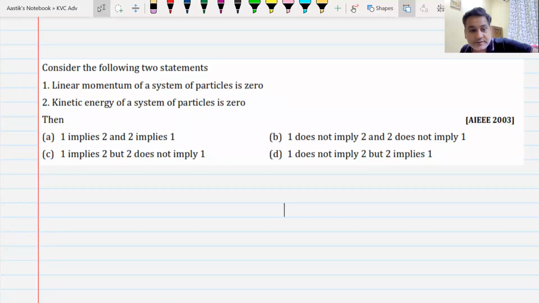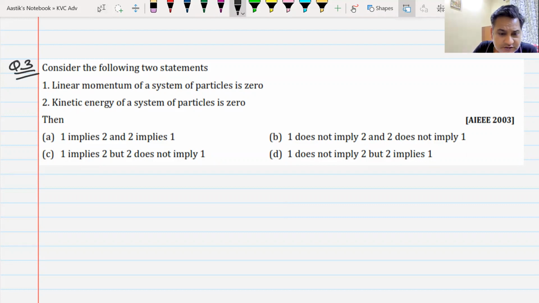Consider the following two statements. 1: Linear momentum of a system of particles is zero. 2: The kinetic energy of a system of particles is zero. This question has come in one of the previous exams. Tell me which is the correct option. Let me call this question number 3. I'll give you 2 minutes to do this.